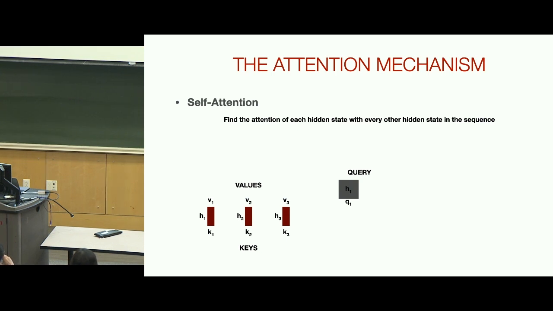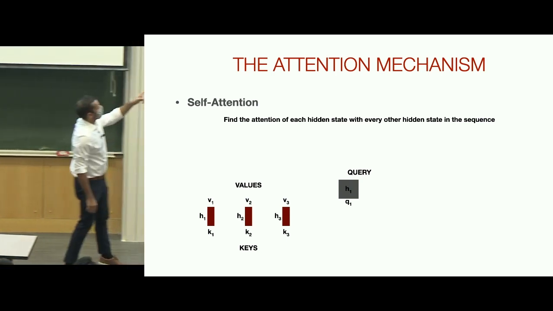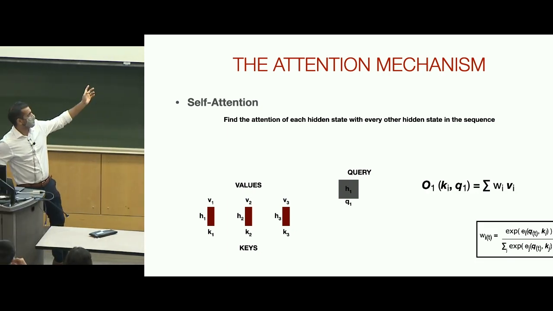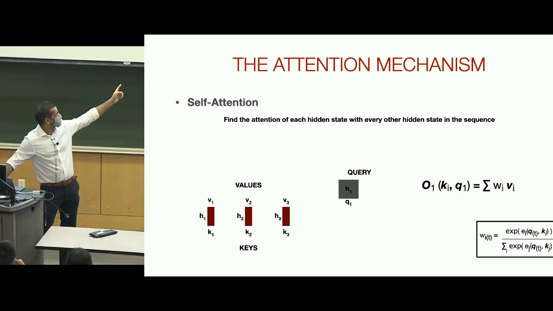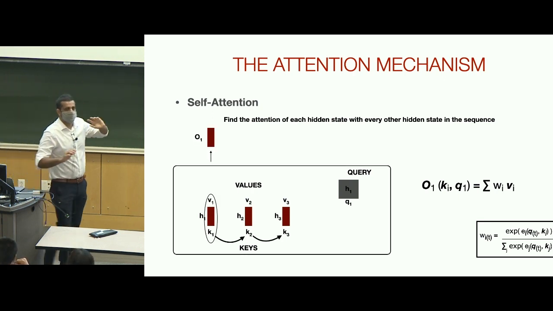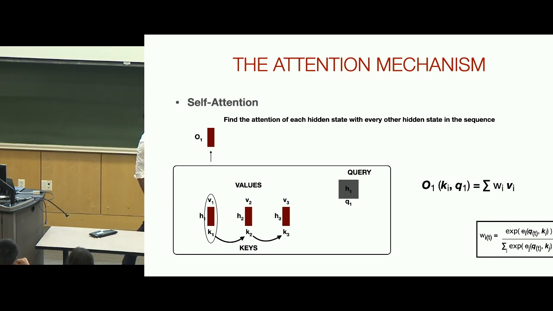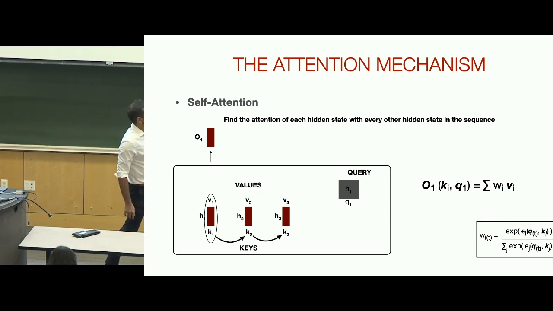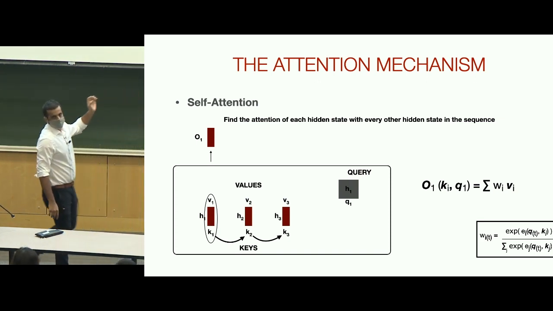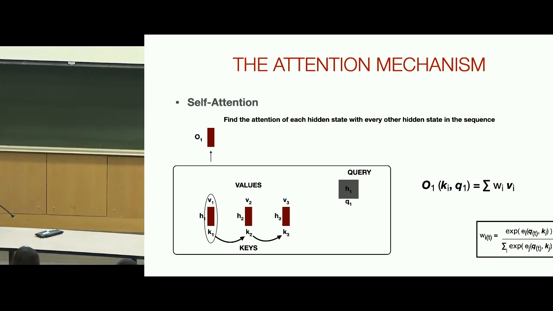So in this scenario, H1 is the query, and we calculate attention weights with respect to H1, and get the output. So we calculated the attention of H1 as the query with the remaining sequence. That is the output with respect to H1.